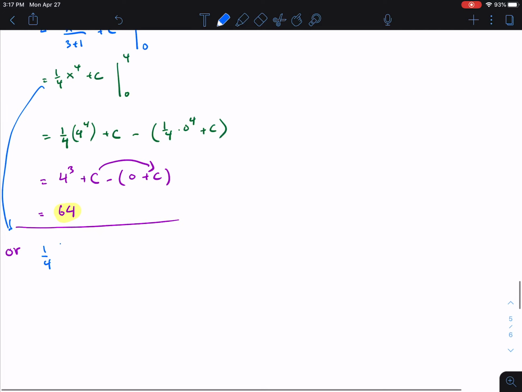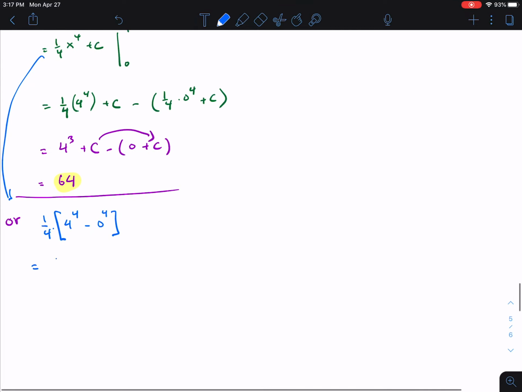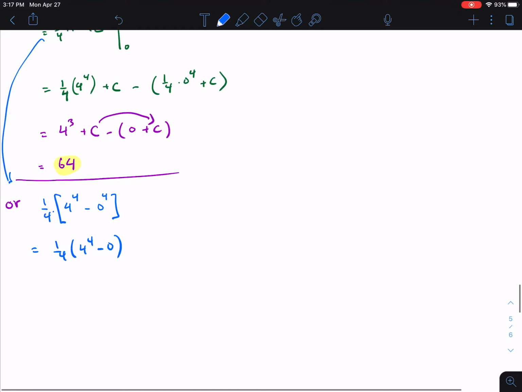So we have 1/4 times the larger endpoint first, 4 to the 4th, minus 0 to the 4th, and we can ignore the c there. So that's just 1/4 times 4 to the 4th minus 0. So the answer is still going to be 64. Okay, same answer there.